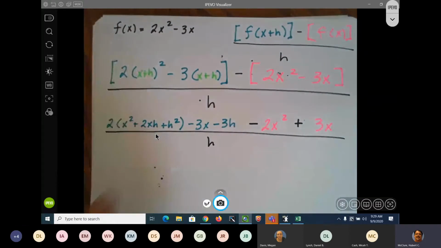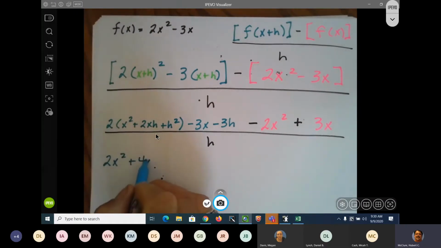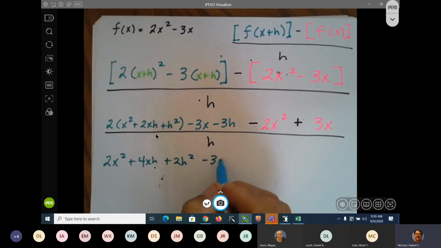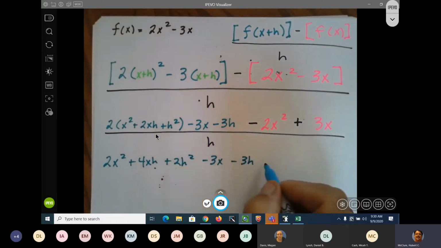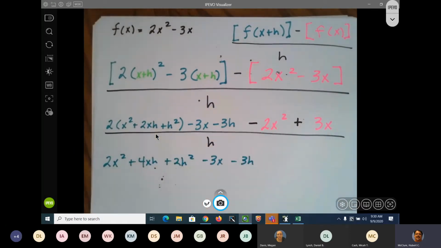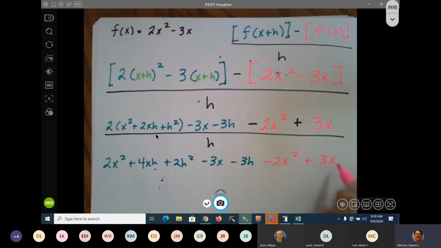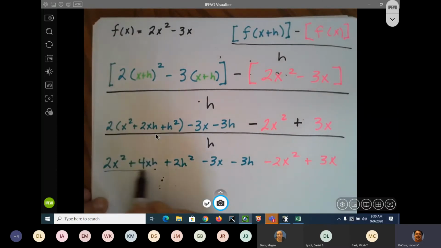Now I'm going to distribute that. 2x squared plus 4xh plus 2h squared minus 3x minus 3h minus 2x squared plus 3x. And all that over h.